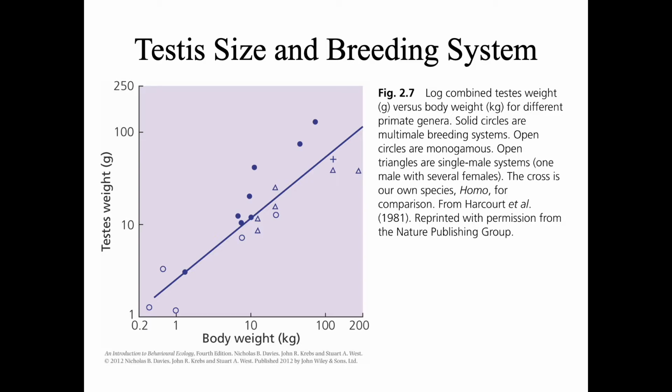The closed circles are multi-male breeding systems, a situation where you have lots of males competing for the available pool of females. And so one of the things that you find is that if you are a male competing with a group of males in your social group for a group of females, that tends to correlate with a larger testis size. All sorts of evolutionary reasons for that. One of them could be sperm competition.